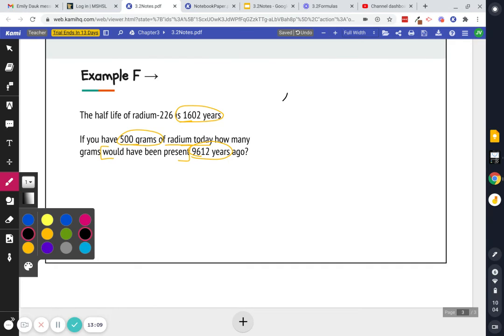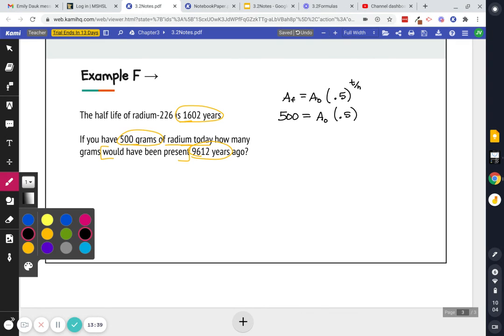Stay tuned. AF equals A initial, half, T over H. I have a fraction in the original formula, but we're smart people. We kind of know what's going on. AF, the final amount right now, today, there are 500 grams. The initial amount is what we're supposed to be finding here.